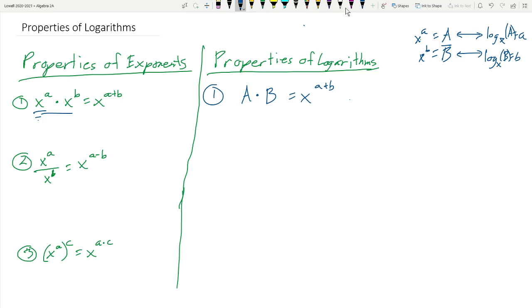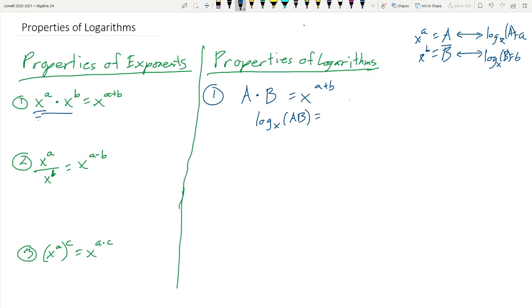But we can rewrite this equation now because it's in an exponential form, right? We still have x to some power is equal to some final answer on the left side. So if I rewrite this equation in its logarithmic form, we're going to get this. Log base x, because again the base is x right there, and the final answer, the argument of this, if I work it backwards, is AB.